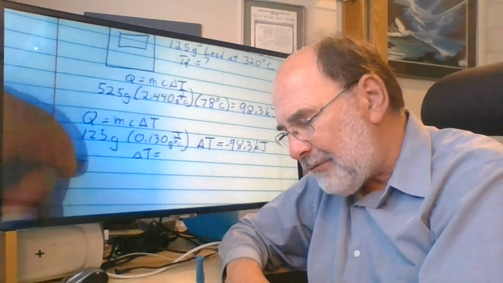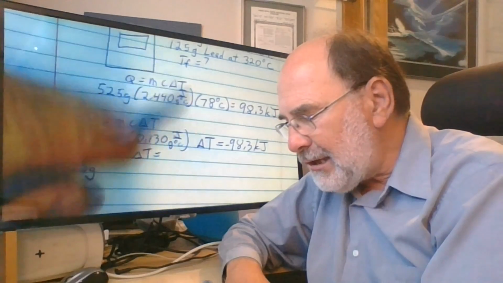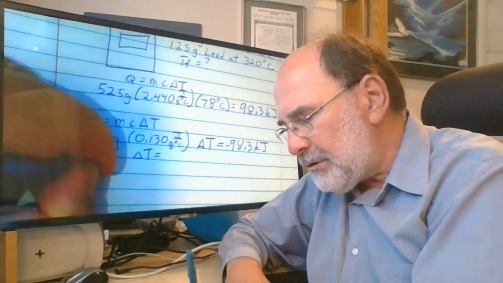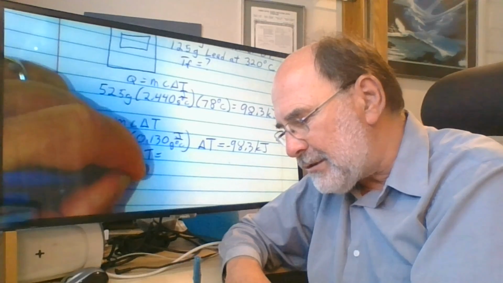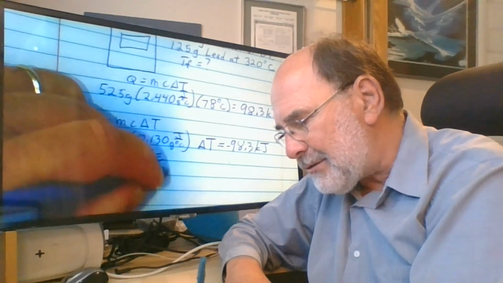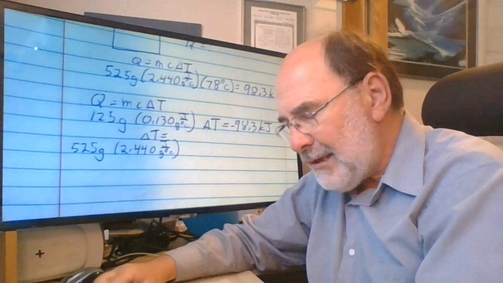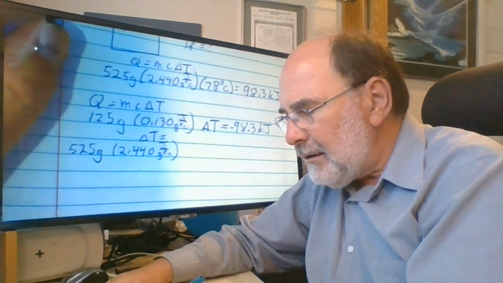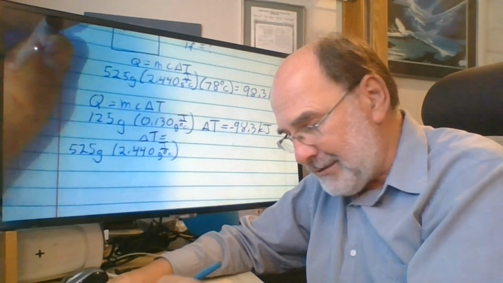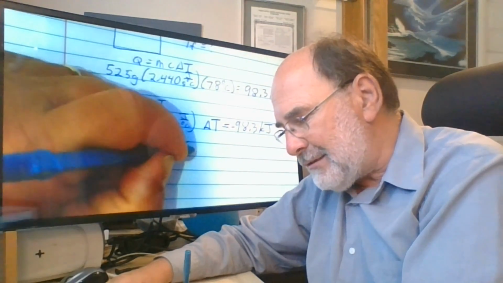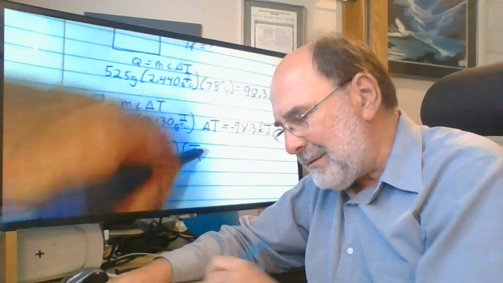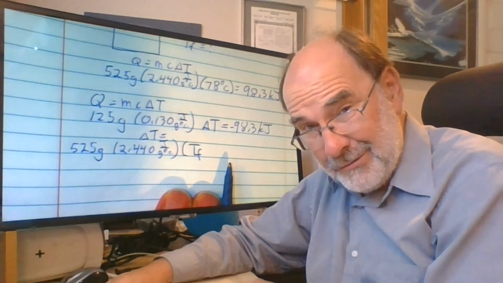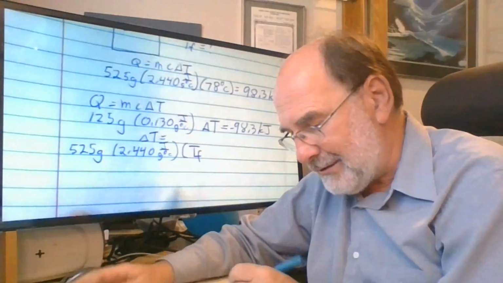So for the cold stuff warming up, I'm going to write that as a positive expression as 525 grams times 2.440 joules per gram per degree Celsius times, and I'm happy I picked 0 degrees as the initial temperature because that means in parentheses, this would be T sub final minus 0, and then by distributive property, it goes away.